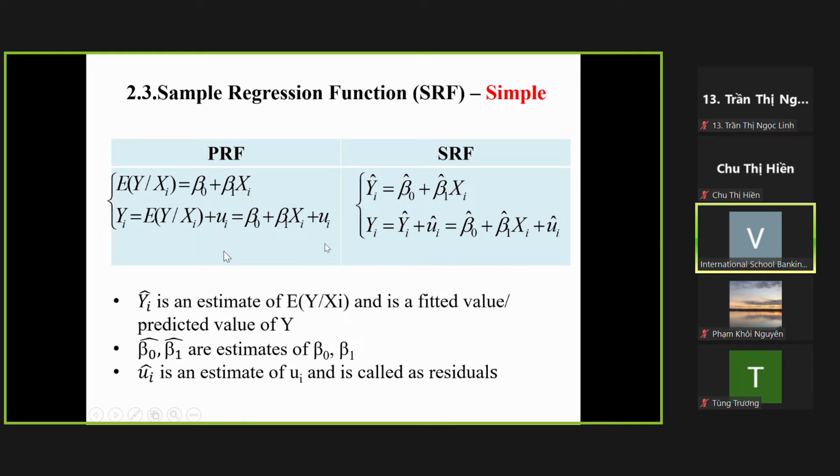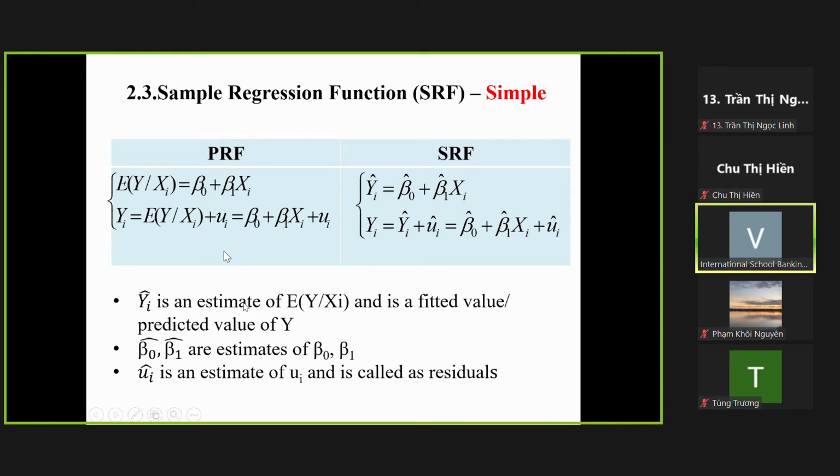So now you have to remember how to write this equation, and you can remember all the notation here.